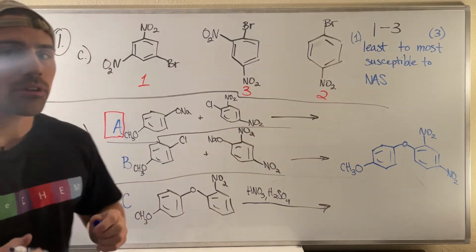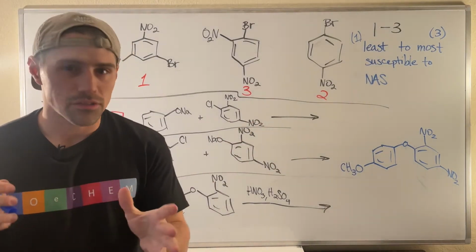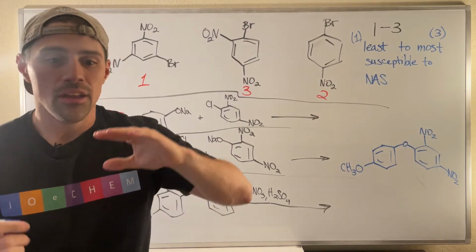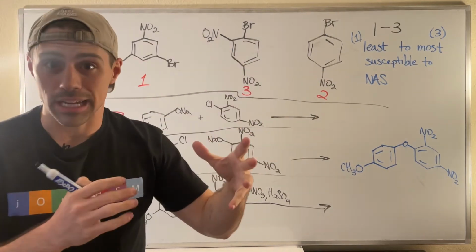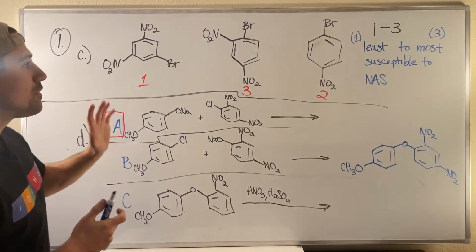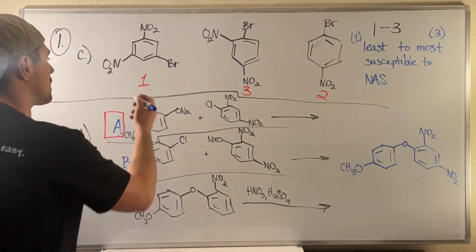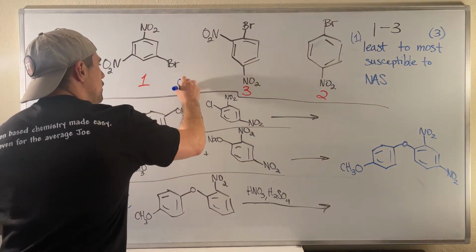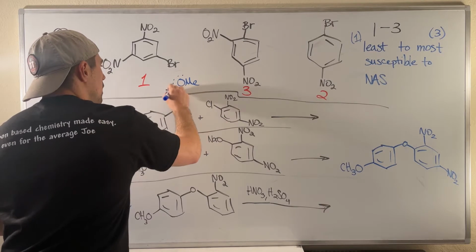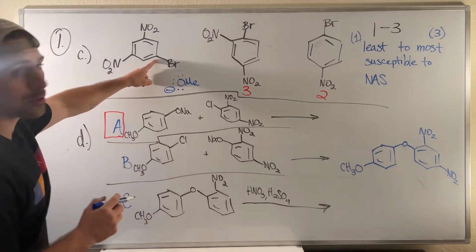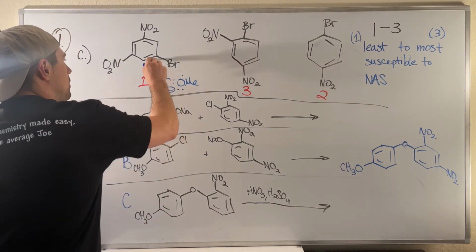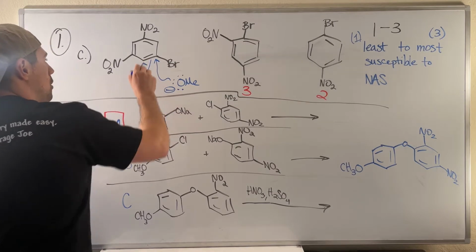So remember the key cornerstone concept here is that when you attack one of these rings and do NAS, when a nucleophile comes in, let's just assume we had O-methyl, for example, you come in and attack where a leaving group is, you do so at that carbon and you kick up a lone pair.